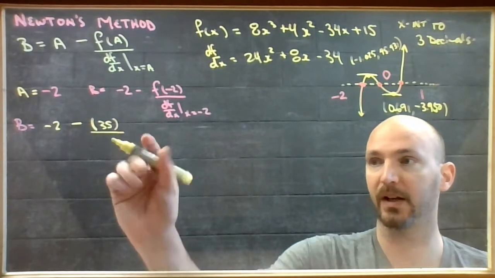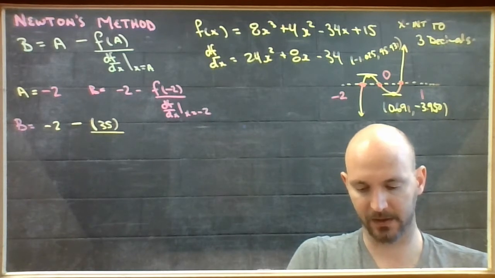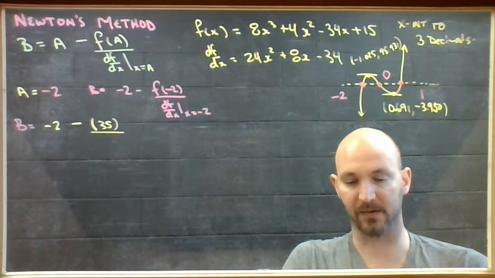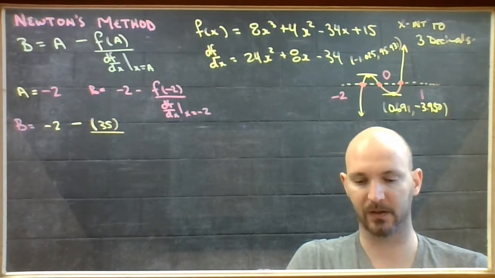Okay, 35. My derivative at that place, 24 times my answer squared plus 8 times my answer minus 34, is 46.